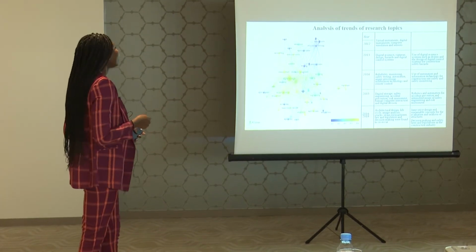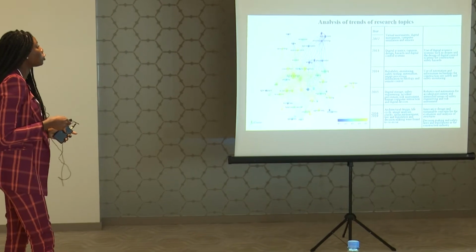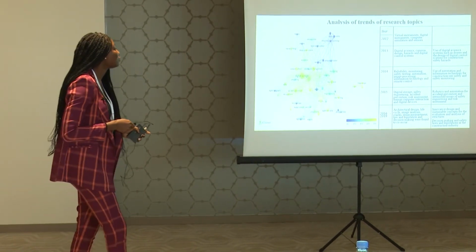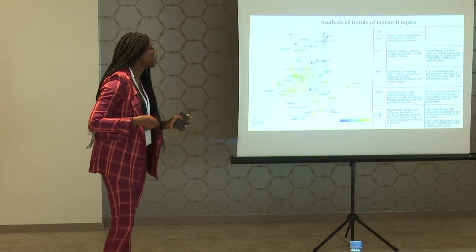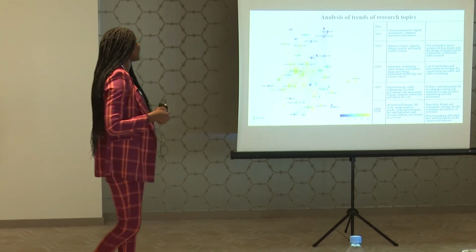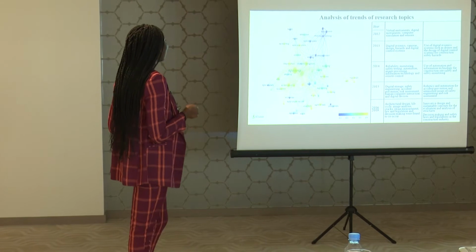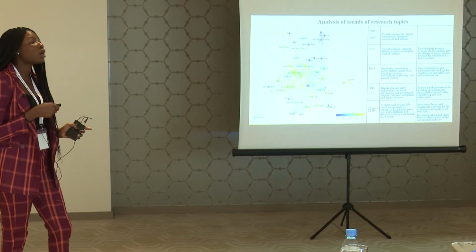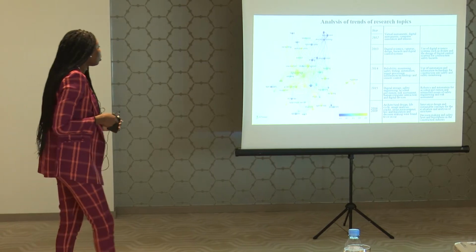This slide here shows an analysis of trends of research topics on technologies for construction health and safety from 2009 to 2019. This image here shows an overlay visualization map which was derived from VOSviewer software.